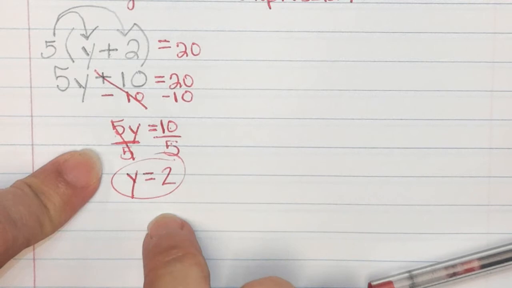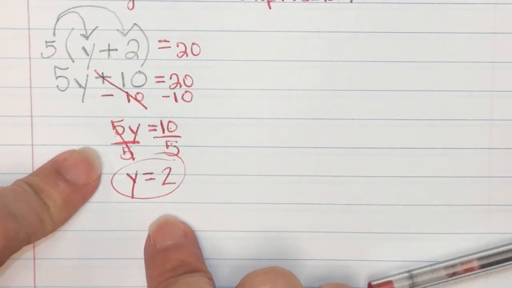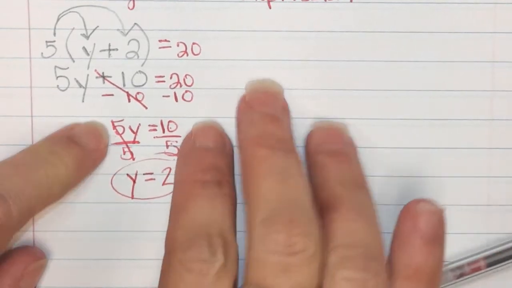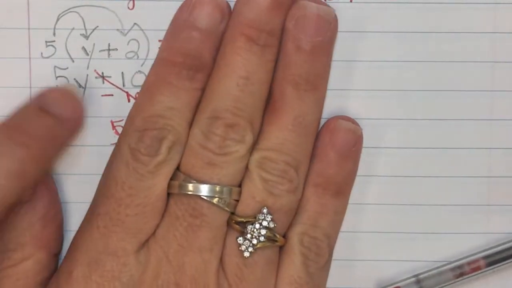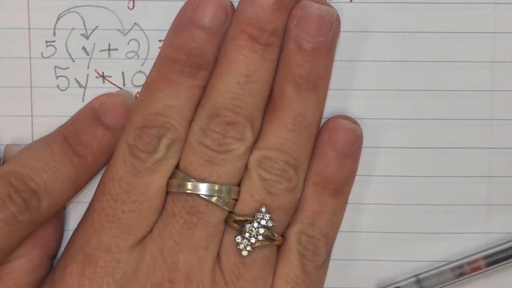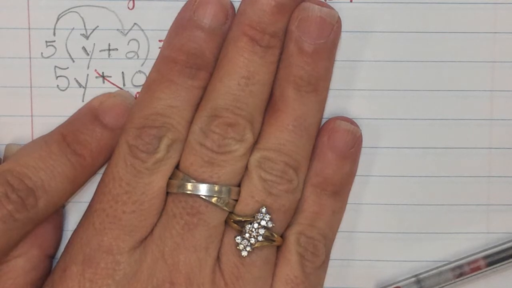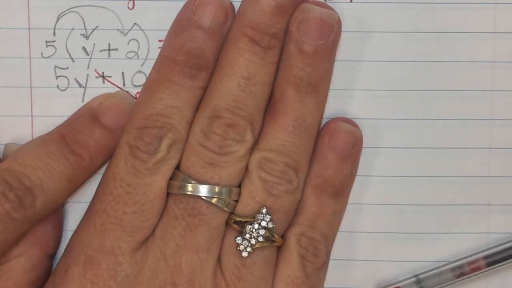Now, we're not doing this yet. I just wanted to show you that this is where you're going in your future. You have to be able to do distributive property in order to get there. So we're starting out just distributing the numbers, which is the easy part, okay? So ignore all the red writing.